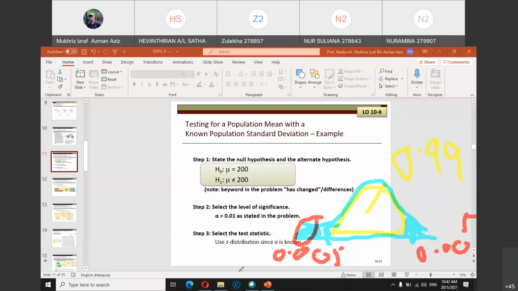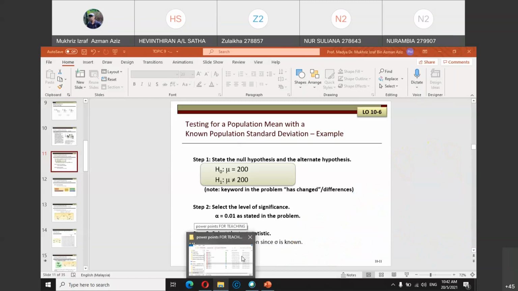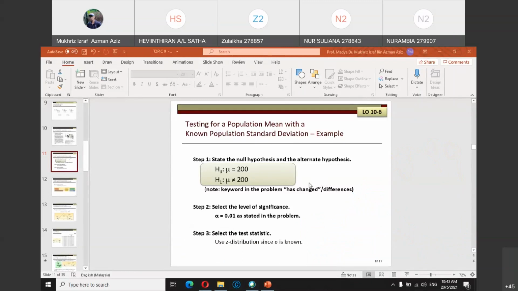If you go back to the previous chapter, when you construct your CI, if you want to calculate a 99% CI, can you remember how you refer to the Z table? If you want to construct a 99% confidence interval, in the previous chapter under confidence interval, the value of your confidence interval will be 99% or 0.99.